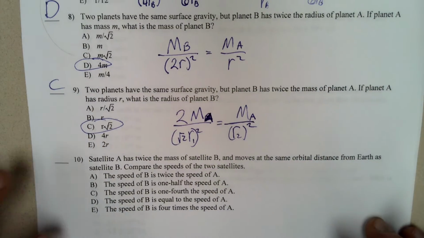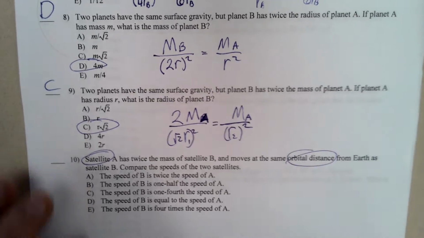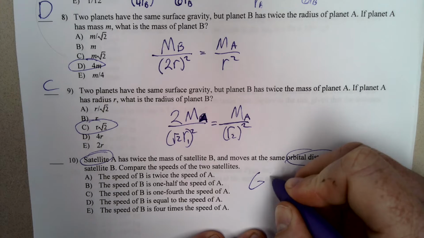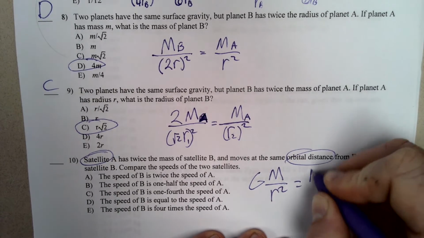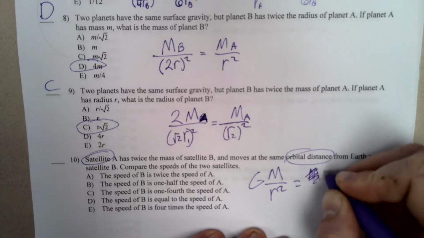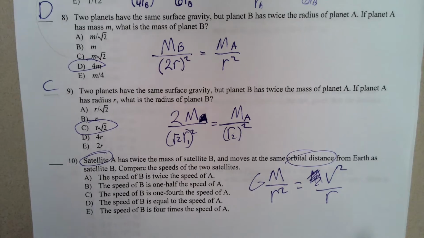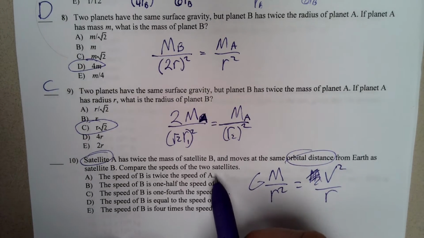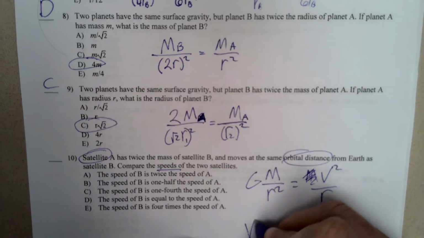Now we're getting into a satellite. We're dealing with orbital distance. So now we're going to be using the expression, right? G m over r squared is equal to v squared over r. Basically, the mass terms are going to cancel out. At this point, we're comparing the speeds, so I think it's useful to just solve it out.